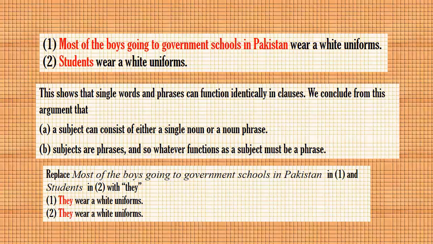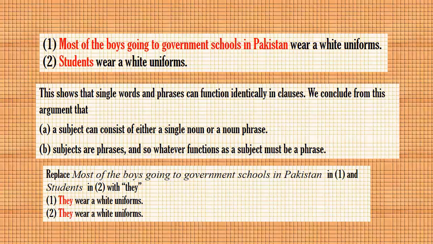And from this, we conclude that A, a subject can consist of either a single noun or a noun phrase. B, subjects are phrases, and so whatever functions as a subject must be a phrase.